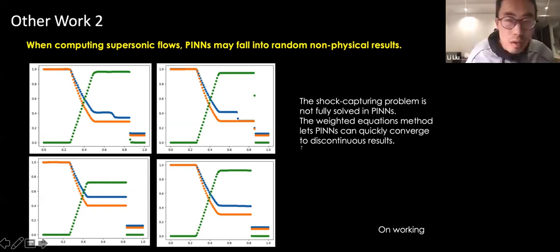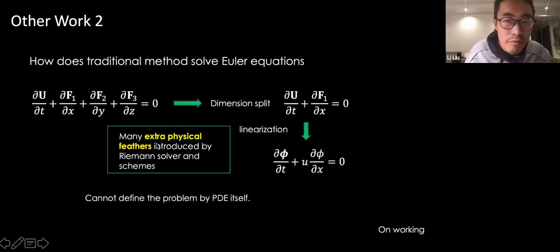We know that in traditional methods, many extra physical features are introduced, such as in the Riemann solver or the spatial schemes. We know that in solving the Euler equations, the PDE alone cannot define the problem. For example, we need to introduce entropy conditions.